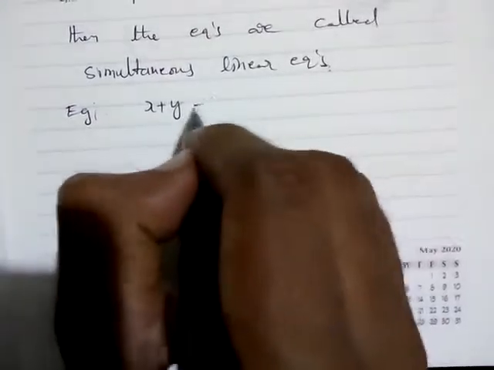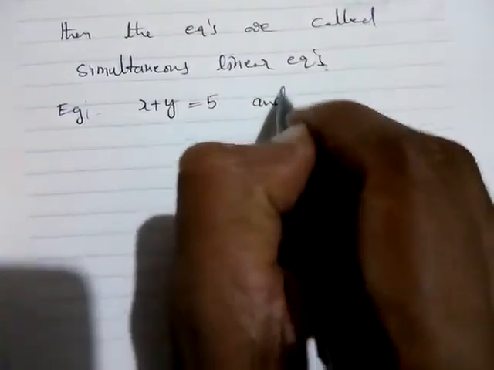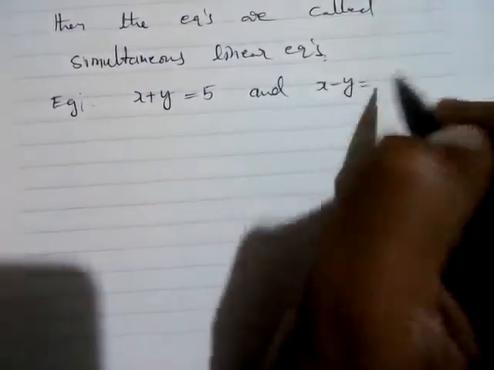Examples: x plus y is equal to 5 and x minus y is equal to 1.